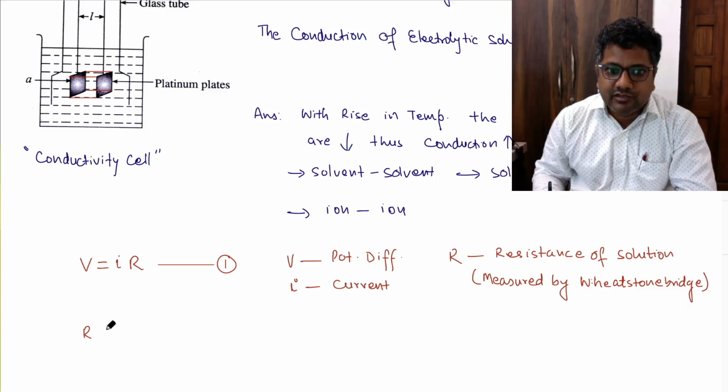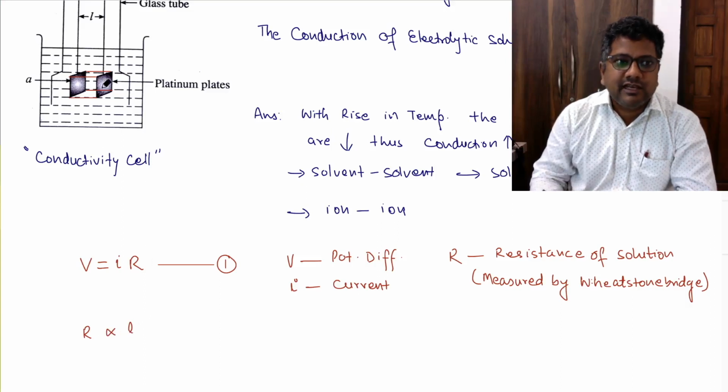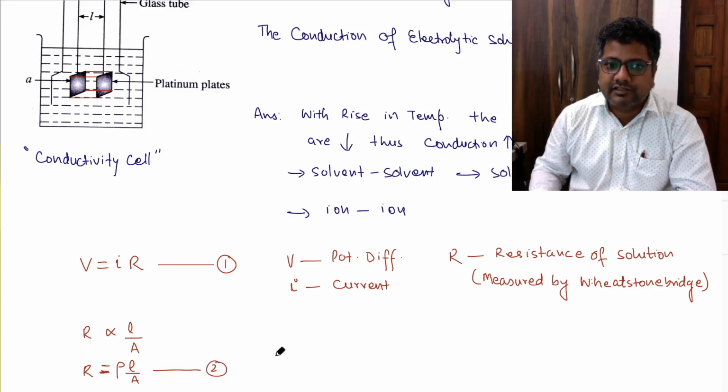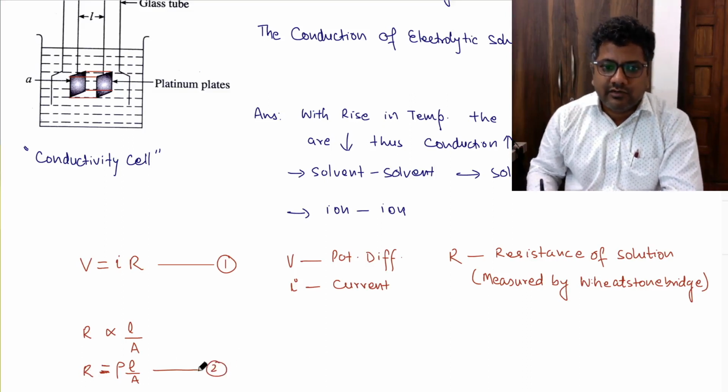As in Ohm's law, R is directly proportional to L, the length of the wire, and inversely proportional to the cross section area. So R = rho L / A. This is equation 2. One more term is here, rho.